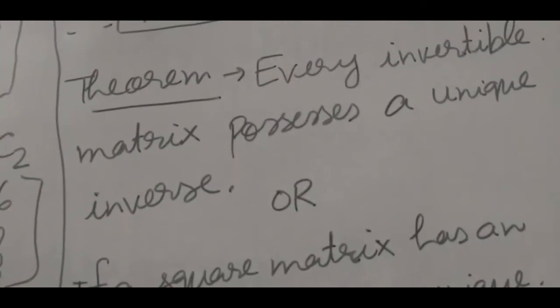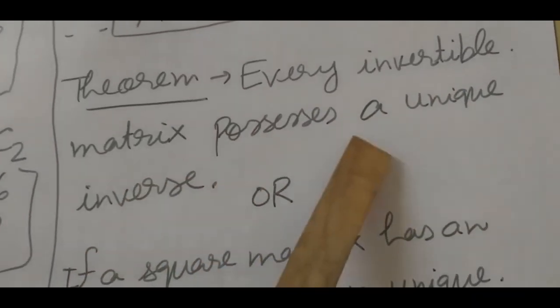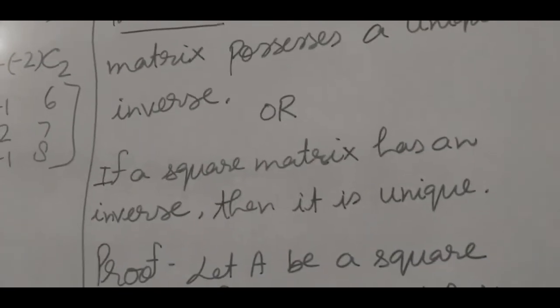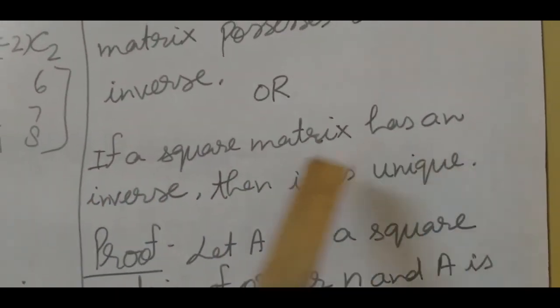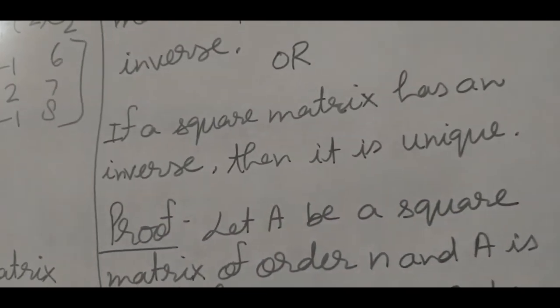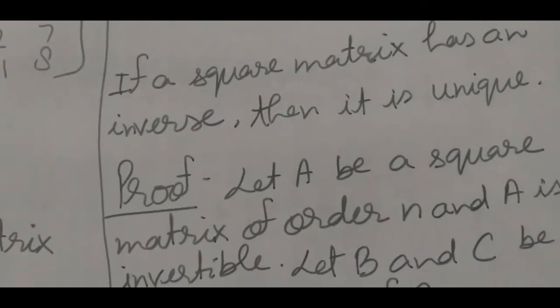Now students, one theorem is there. Every invertible matrix possesses a unique inverse. It means if a square matrix has an inverse, then it is unique. It means for a matrix there is only one inverse, not two.